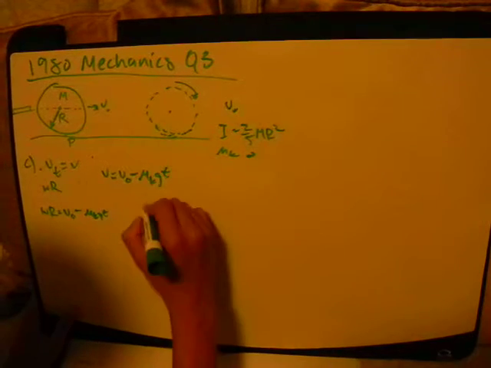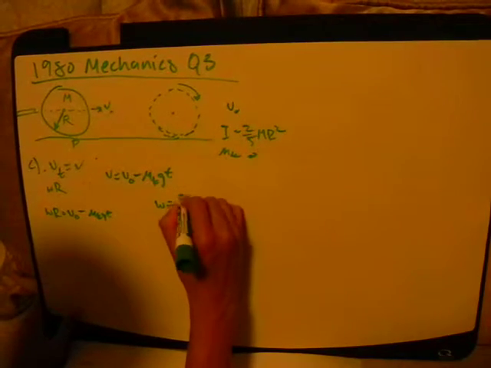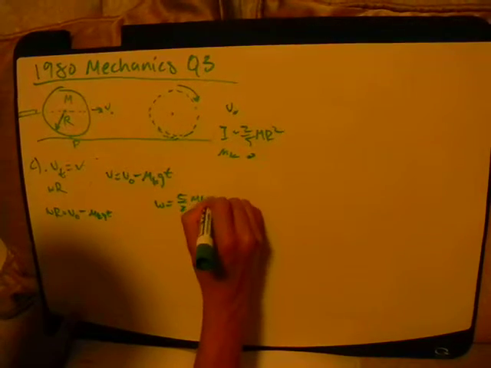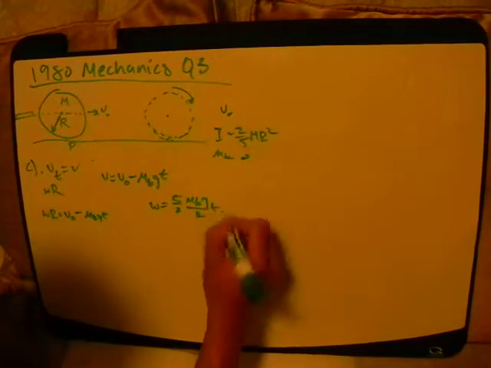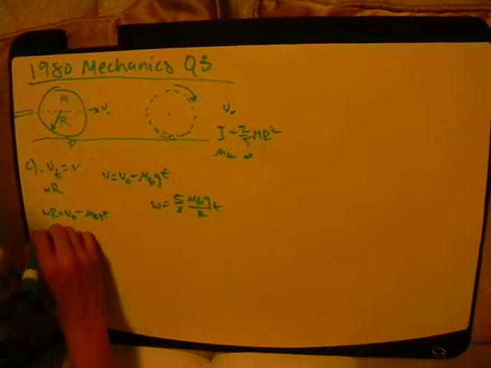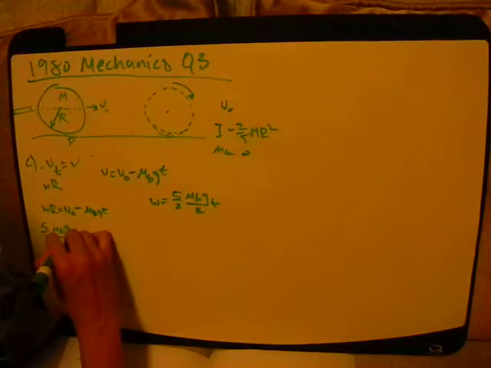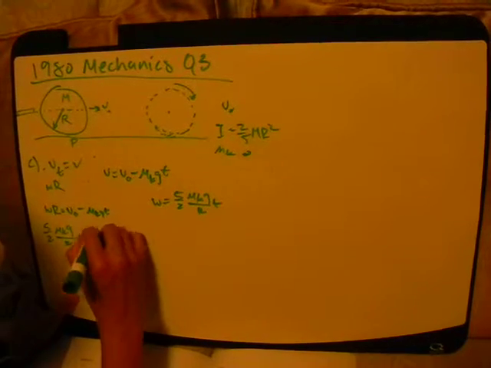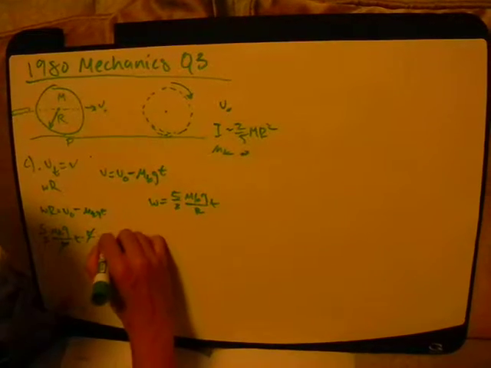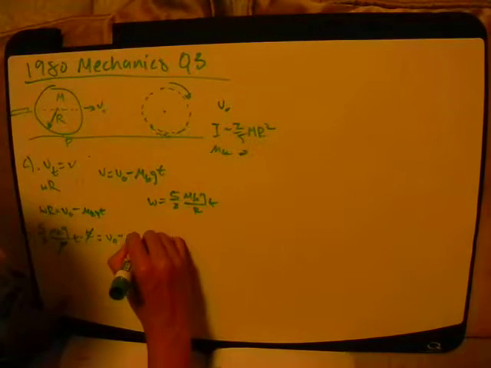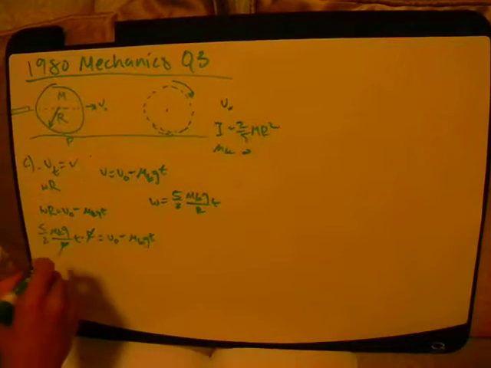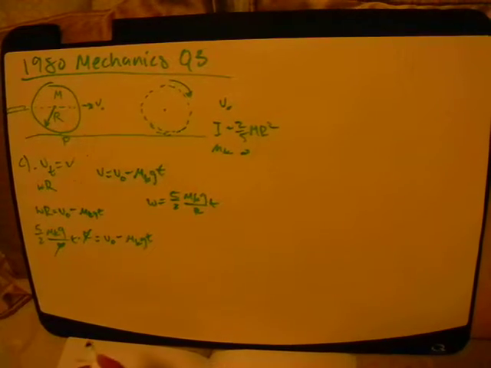Now omega, as we found in the previous problem, is 5/2 mu k g over r times t. So, plugging that in, we get 5/2 mu k g over r t times r. These r's cancel out. This equals v naught minus mu k g t. We want to find the time at which the slipping stops.